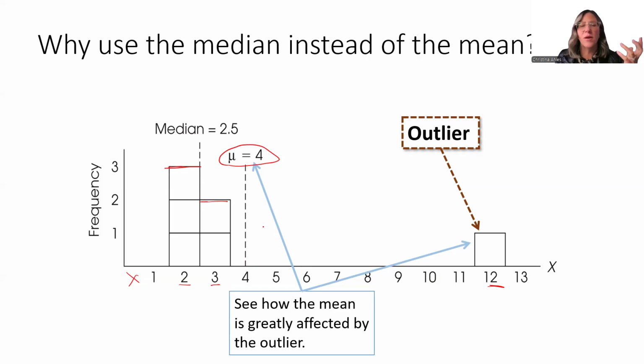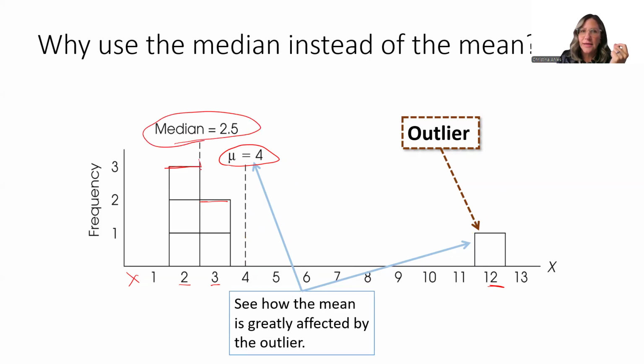It's really not representative of the entire data set, because this person really is pulling the mean over. So the best representation is for us to calculate the median, and the median is 2.5.